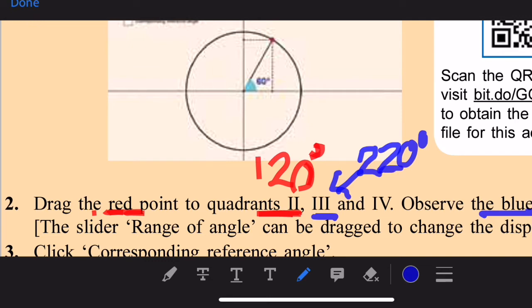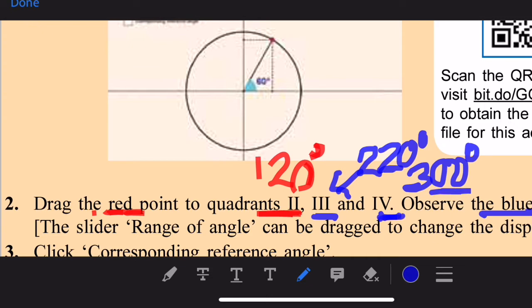Alright, if I shift the red dot to the fourth quadrant, which is 270 to 360, I will read the blue angle as 300 degrees, and the angle in orange color is 60 degrees. That is the reference angle, and the angle corresponding to 60 degrees in the fourth quadrant is 300. You got it?